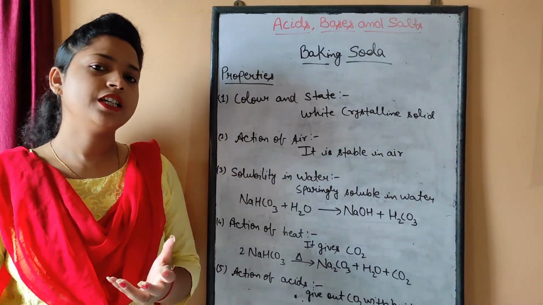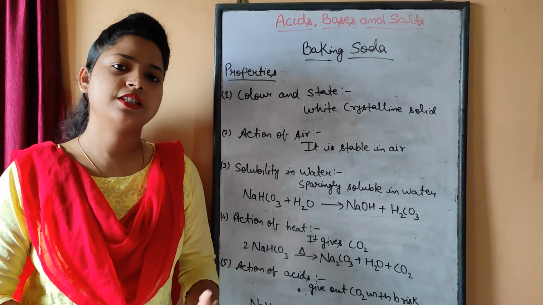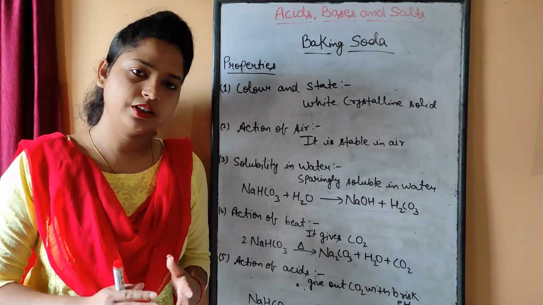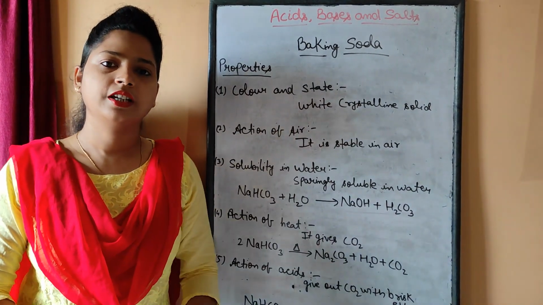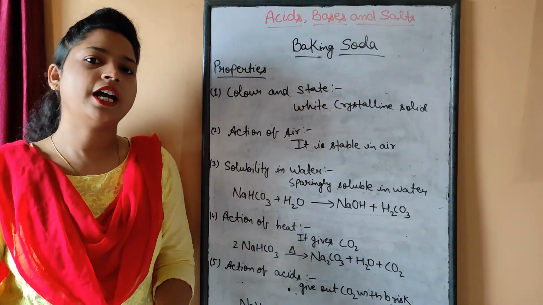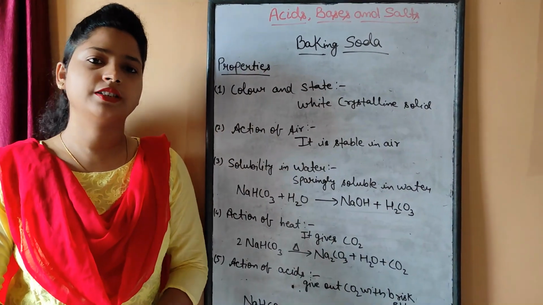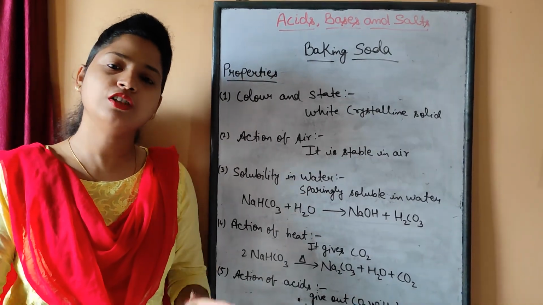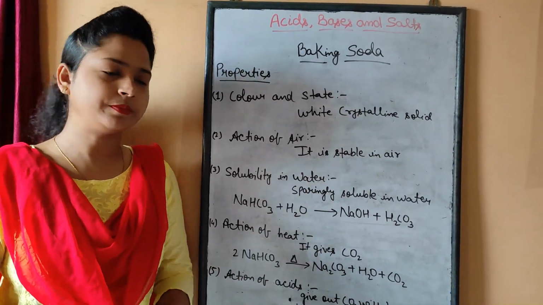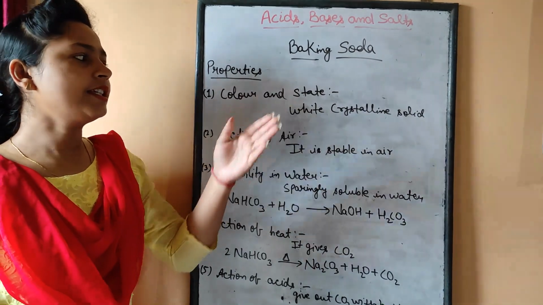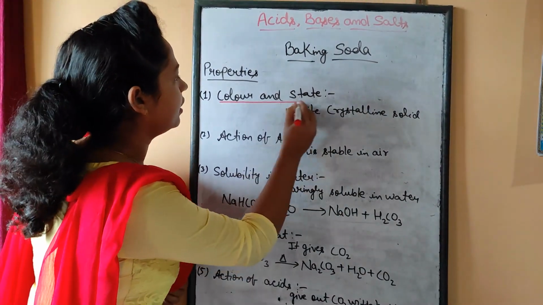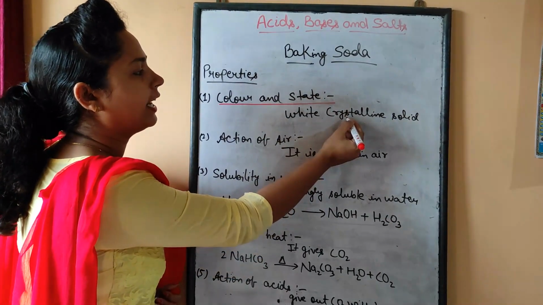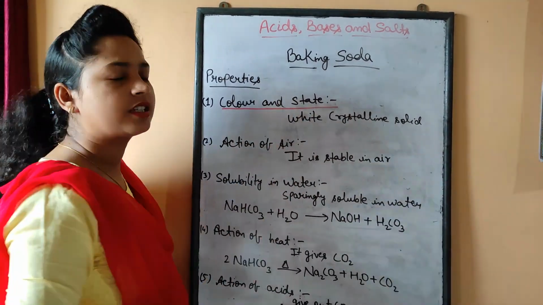Bleaching powder is actually powder, that is amorphous. But baking soda is crystalline, which means if you touch baking soda, it has some crystalline appearance. Students, again I am telling you, don't confuse it with baking powder. So the color and state of baking soda is white crystalline solid.